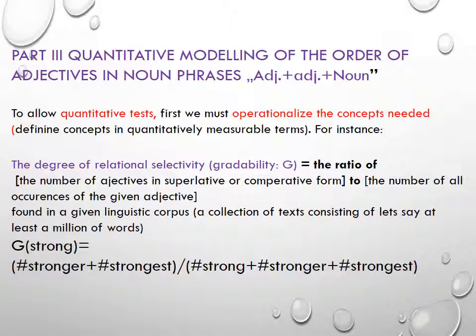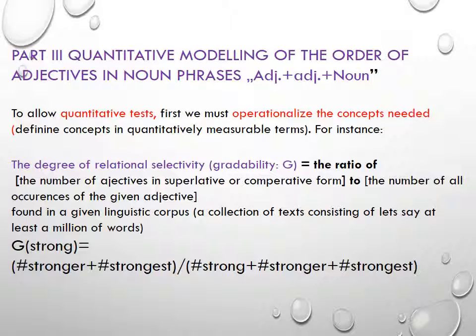First, I shall define the degree of relational selectivity of an adjective, which could also be called the degree of gradability for short. The degree of gradability equals the ratio of the number of adjectives in superlative and comparative forms found in a given corpus to the number of all the occurrences of all forms of the given adjective in that linguistic corpus.